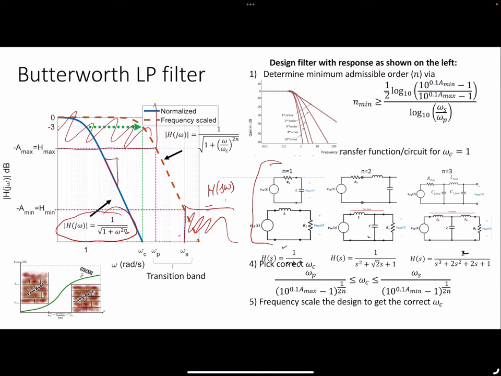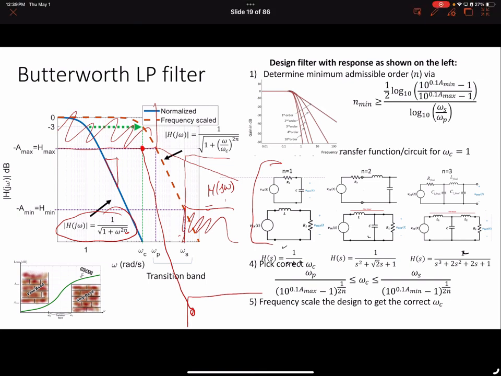Now, to give you an idea of what I mean by that, if my stop band was defined as being like right here, I could just have a filter that very slowly transitions, so I would need a much lower slope than if I put my pass band here. Sorry, I wrote this wrong.